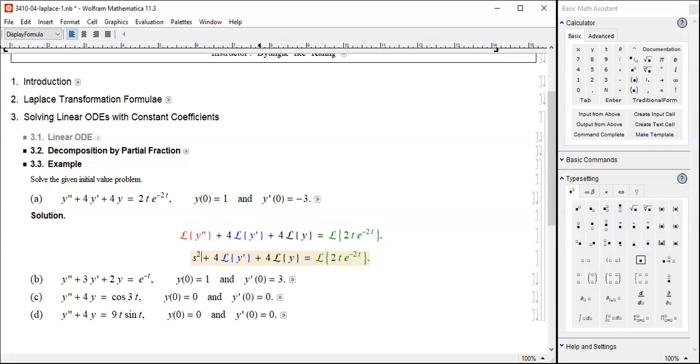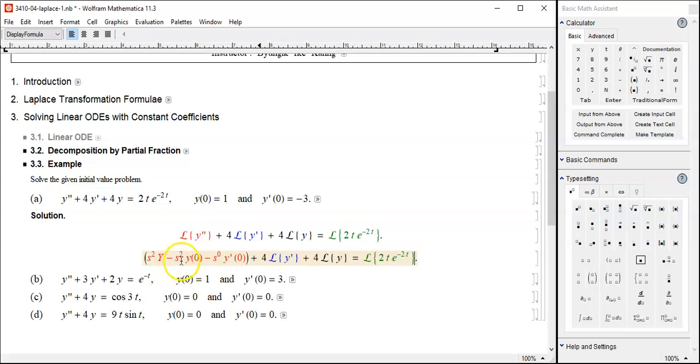S squared Y minus s to the first power y of 0 minus s to the 0 power y prime of 0, that's the formula.